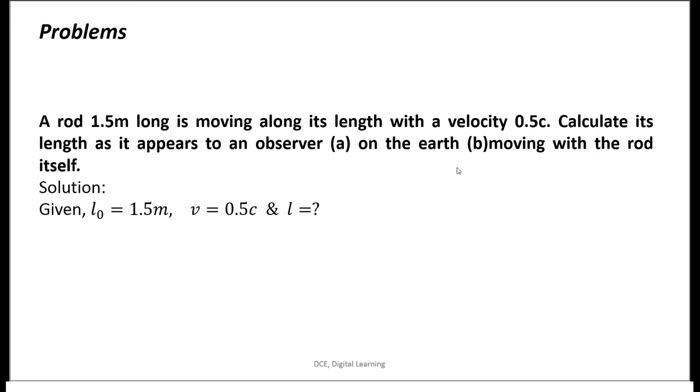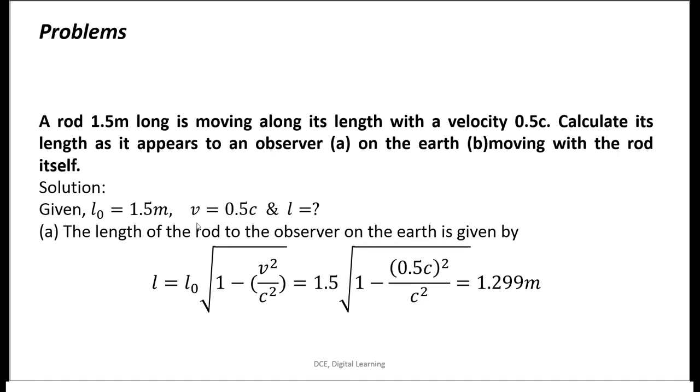What are the things given? L naught, the proper length of the rod, which is measured by the observer at rest with respect to that rod, is 1.5 meter. The velocity of that frame of reference is 0.5 c, and we need to calculate L.